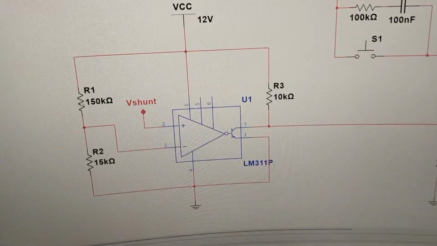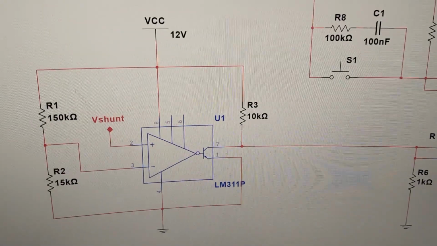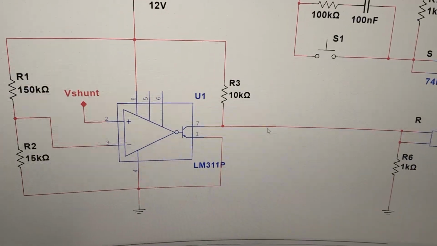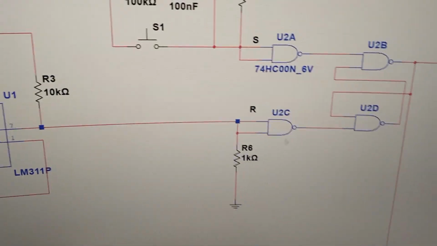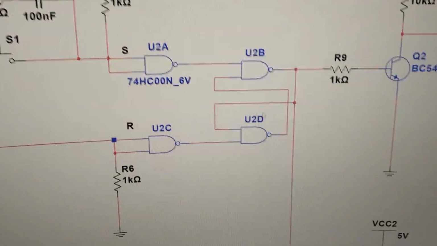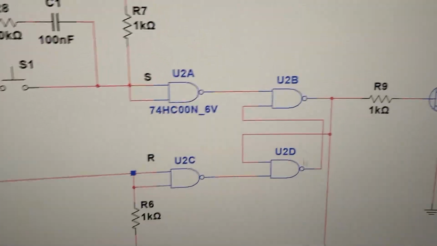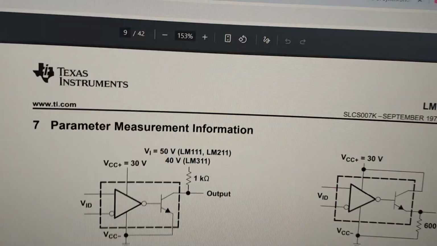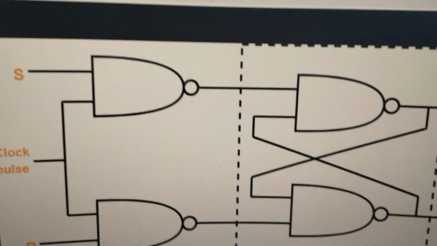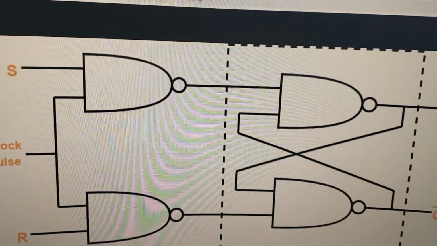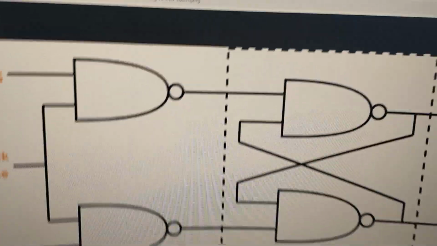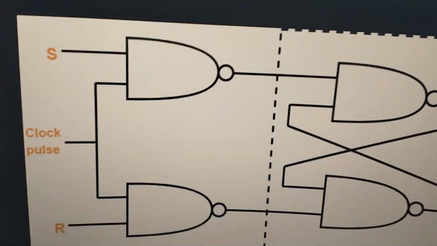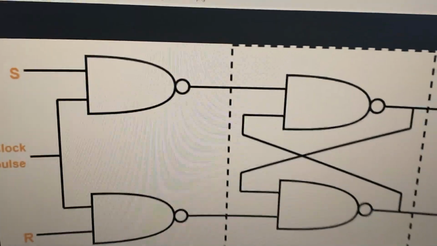So the comparator basically just continuously compares the voltage, and the comparator's output goes to this configuration here. And if you can see this, you'd probably guess what this is. This is an SR latch made from NAND gates. So this over here, the SR latch, and normally they show the SR latch with NOR gates, but both are universal gates, and NAND is more common.